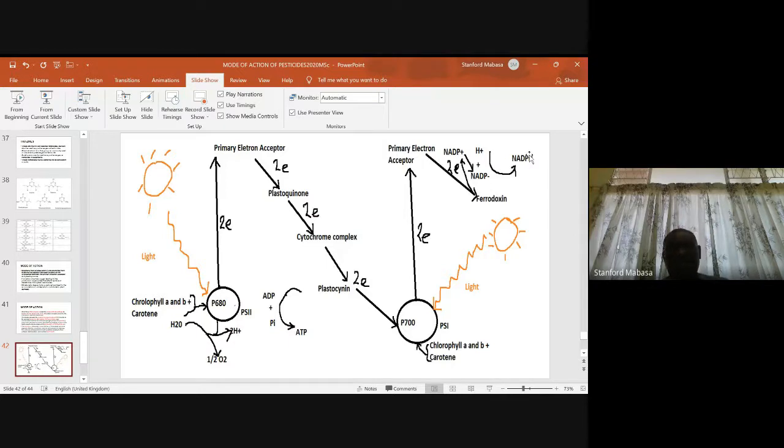You know, the Calvin cycle produces carbohydrates. I mean, there's a whole range of things which will happen to the plant as a result of this disturbance which happens here. That will kill the plant.